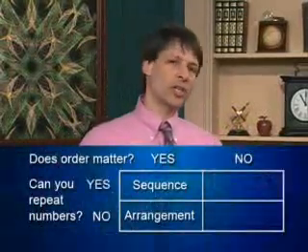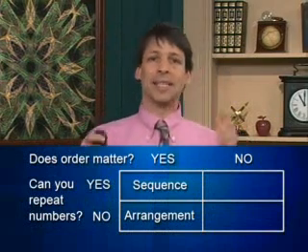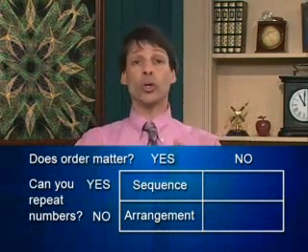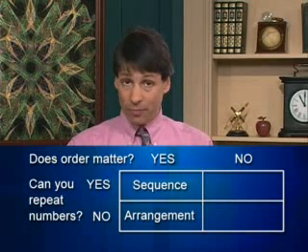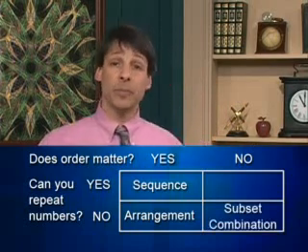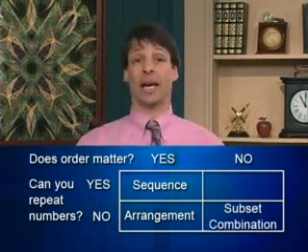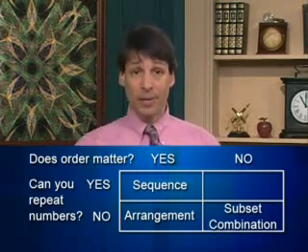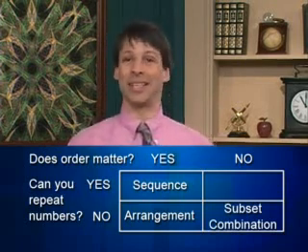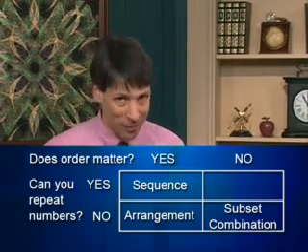The next situation, if repetition is not allowed but order doesn't matter, then we call that a subset or a combination. Now, a combination is a fundamental concept in combinatorics, as you could imagine.